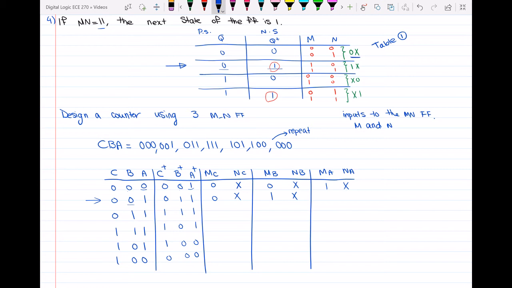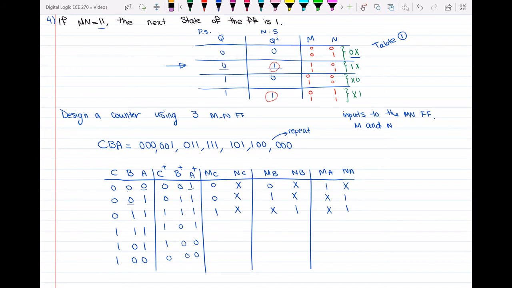So if I go up to table 1, I see that if the present state is 1 and the next state is also equal to 1, MN would be X1. Okay, now we go to row 3. So I have 0, 1 for C, 0, 1 is 1X. I have 1, 1 for B, so I have X1, and I have 1, 1 for A. So we're going to have X1.